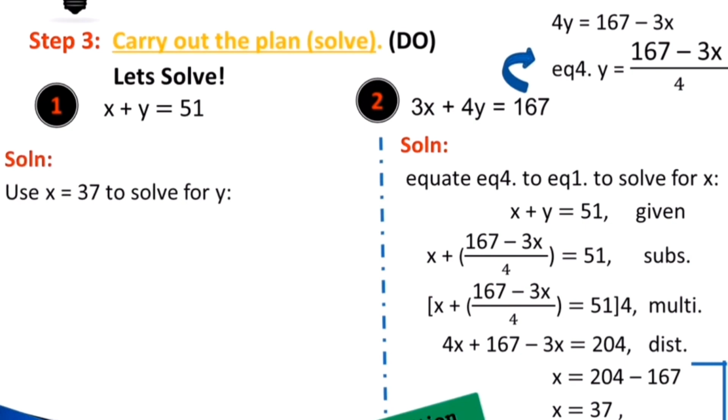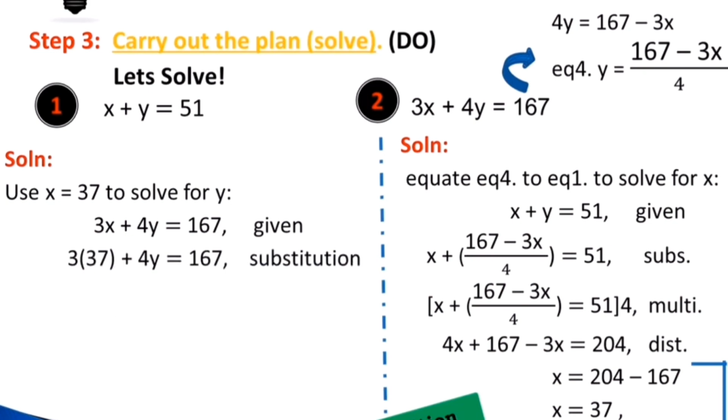So I will just use equation 1, or I can also use equation 2 rather. So simply do the substitution, okay, then do the distribution like that. So we know that 3 times 37 is 111, retain the 4y, and so on and so forth.